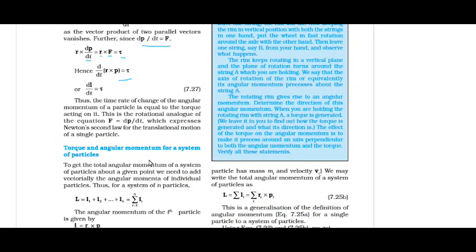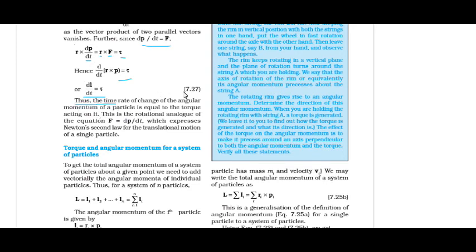Now we can write dL by dt, since r cross p is L, dL by dt is equal to tau. Thus, the time rate of change of angular momentum of a particle is equal to the torque acting on it. So this is very important.